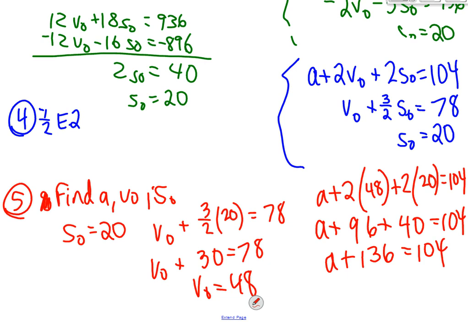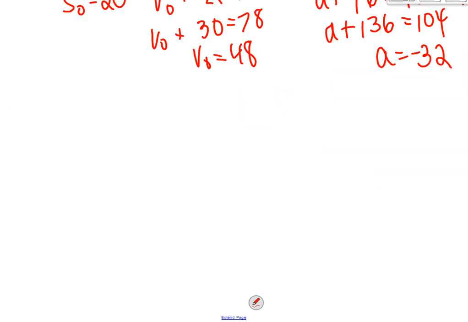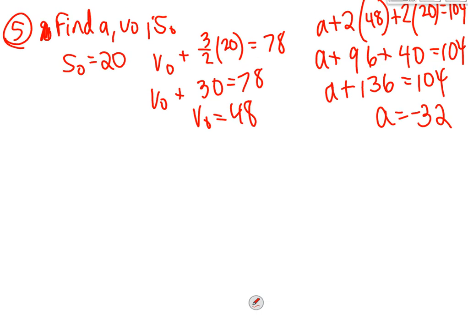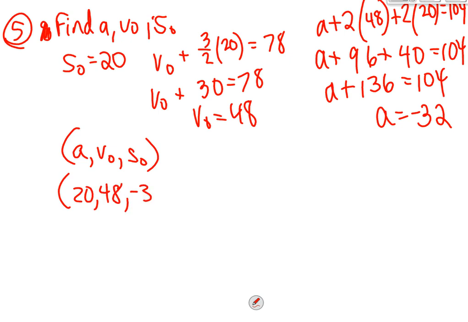And what's A equal? So now our answer is this triple. And our triple here, I would give it as A, V sub 0, and S sub 0. And that is 20, 48, and negative 32.